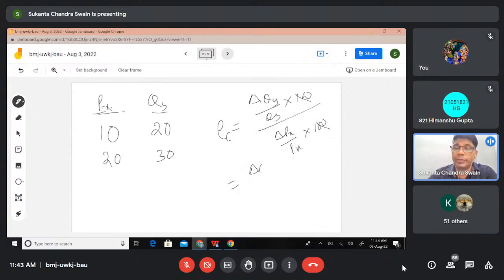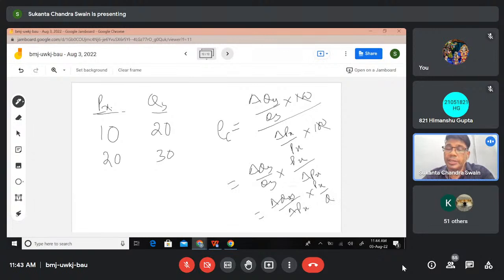So del QY by QY into PX by del PX is equal to del QY by del PX into PX by QY is the formula.